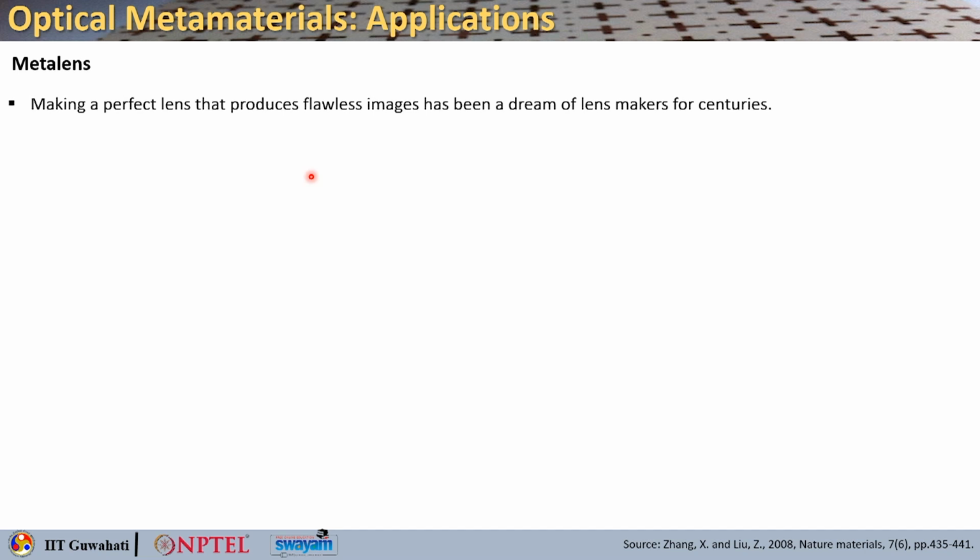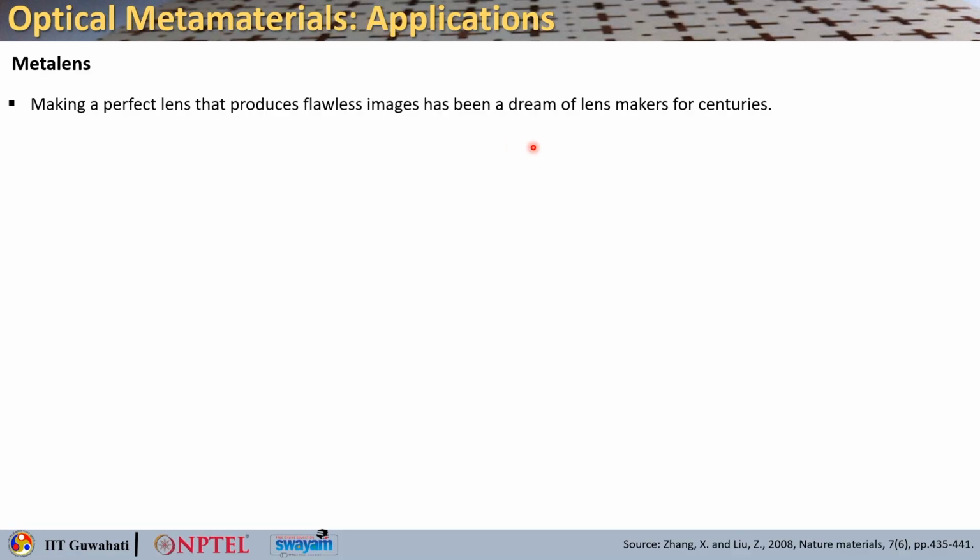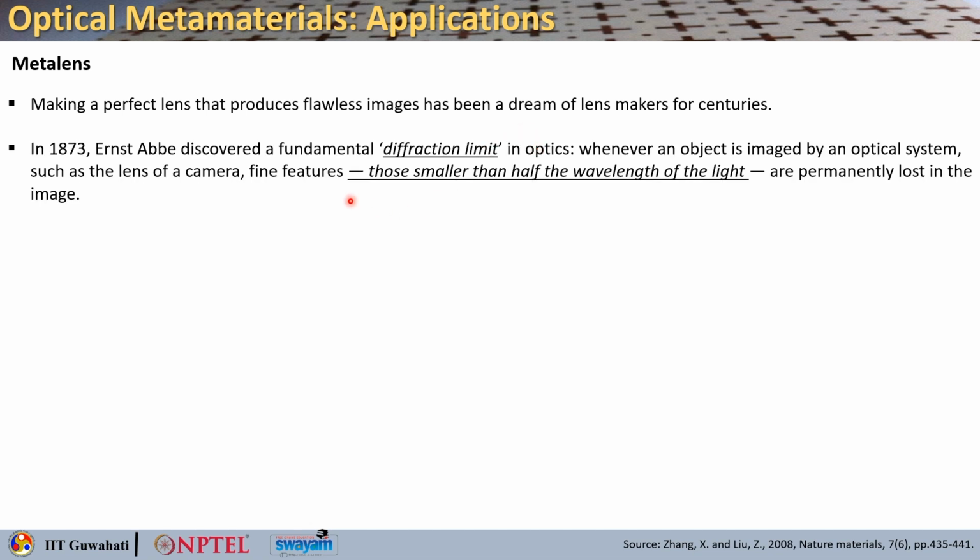So, the last important application that we will be discussing today will be of Metalens. So, what is Metalens? First you have to understand that making a perfect lens that produces flawless images has always been the dream for lens makers for centuries. So, in 1873 Ernst Abbe discovered the fundamental diffraction limit.